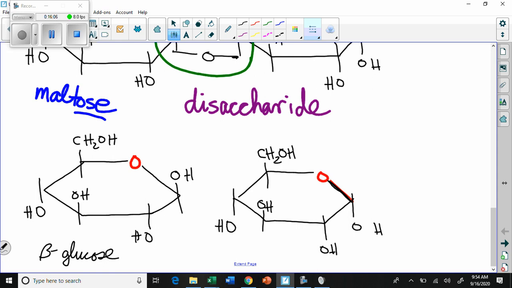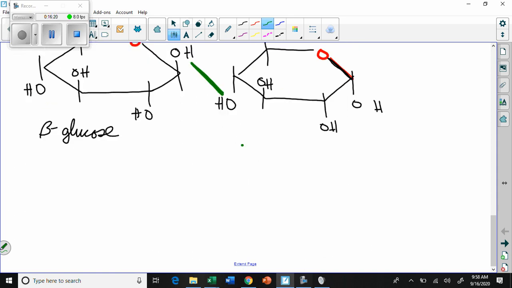Okay, so now when these two get together and there's a dehydration reaction, there's going to have to be a holding hands that's going to have to be across instead of on the same side. All right, let's go and do the dehydration of this. So we have to draw two more glucose molecules. Well, actually, a beta glucose and an alpha glucose.